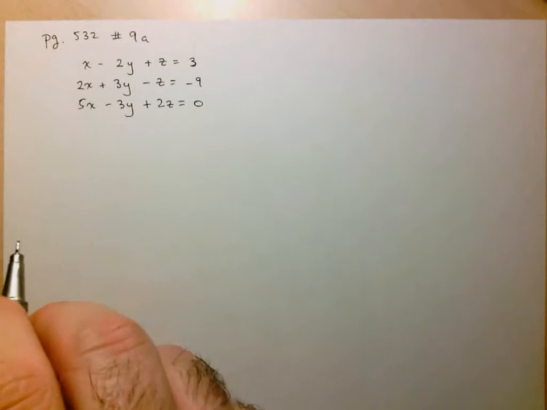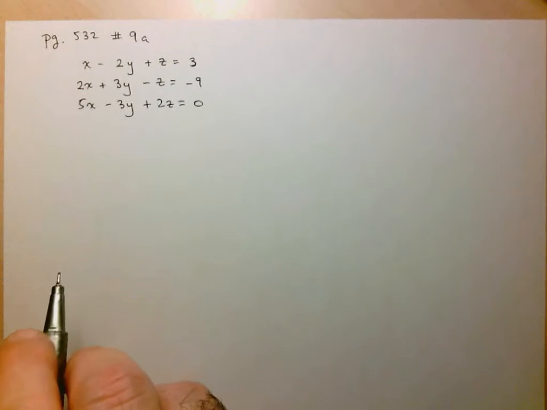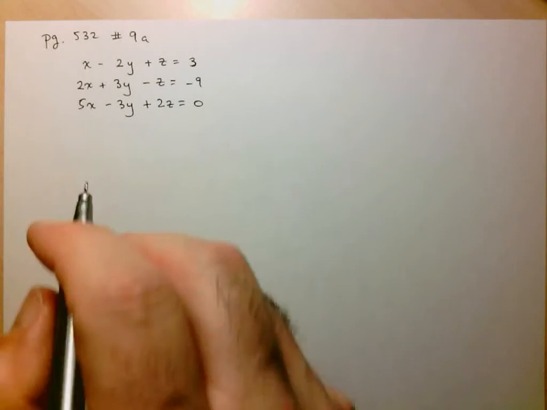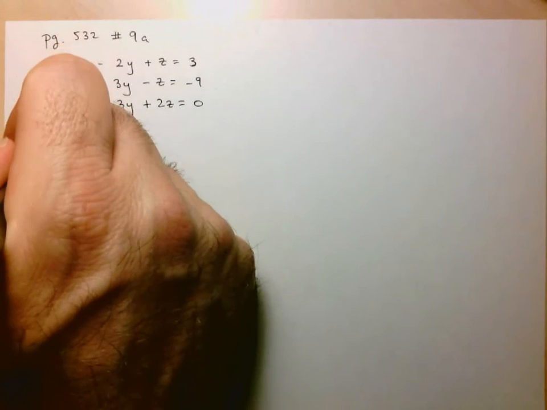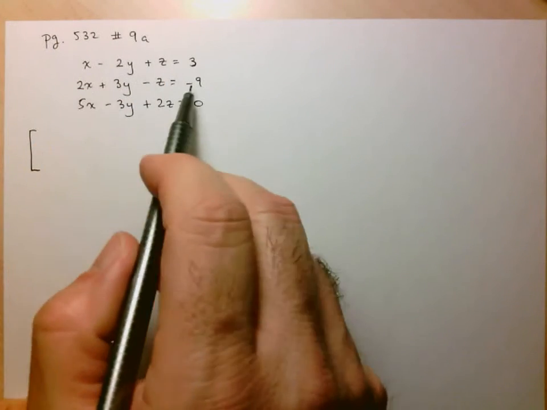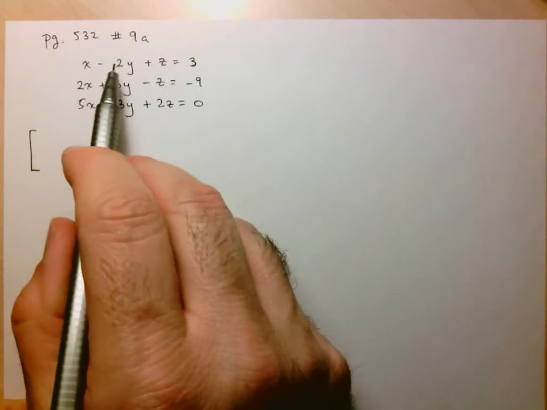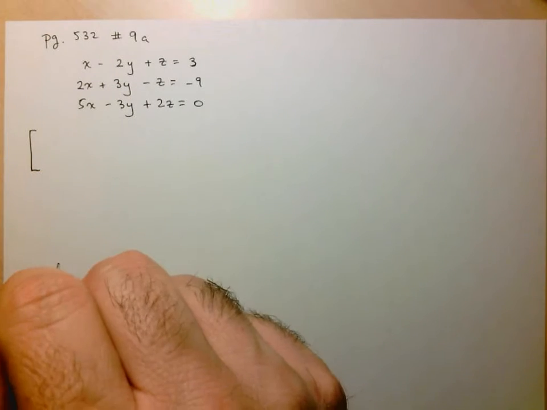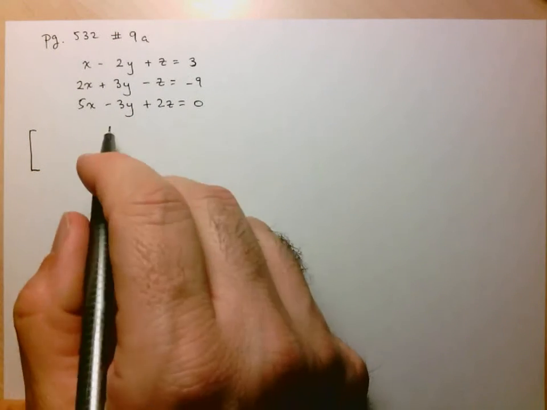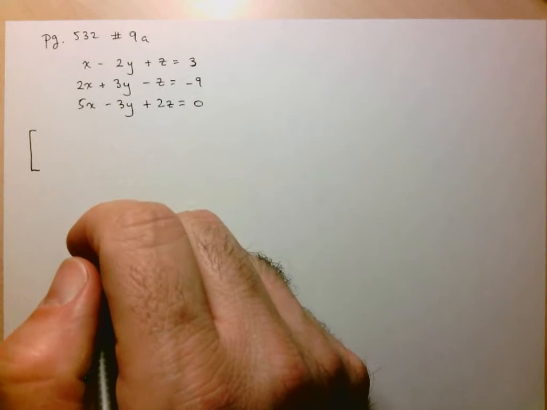I'm going to solve this using matrices instead of elimination. First, I'm going to rewrite this in matrix form. Recall that I'm going to have three rows, each with four elements representing the four coefficients. I'm going to separate out the constant terms with a line to represent that they're on the other side of the equation.